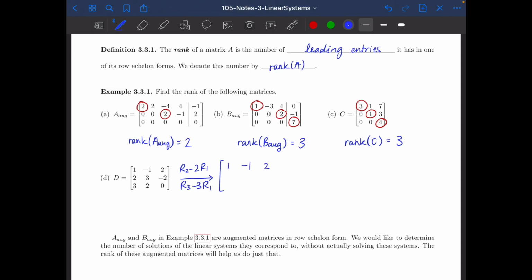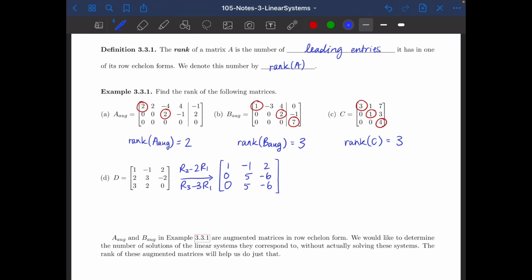The second row becomes 2 minus 2 times 1, that's 0. 3 minus 2 times minus 1, that's 3 plus 2, which is 5. Minus 2 times 2, that's minus 2 minus 4, that's minus 6. And the third row becomes 3 minus 3 times 1, that's 0. 2 minus 3 times minus 1, that's 2 plus 3, which is 5. And 0 minus 3 times 2, that's minus 6.